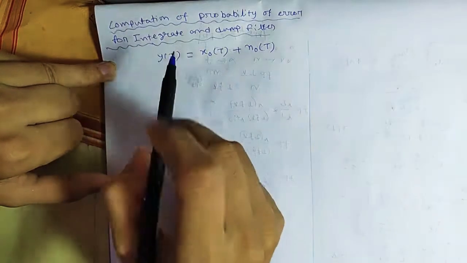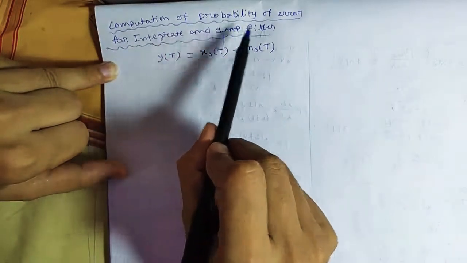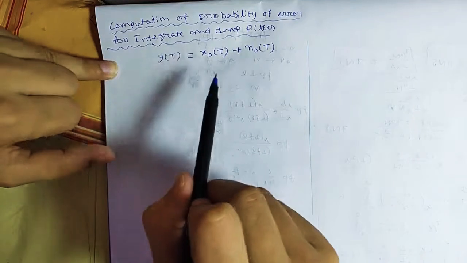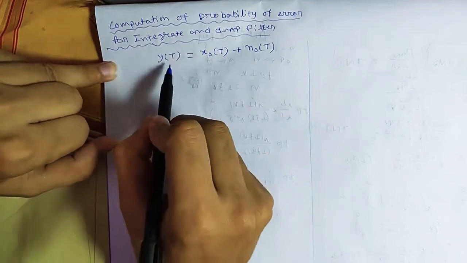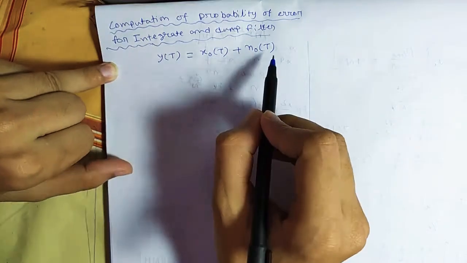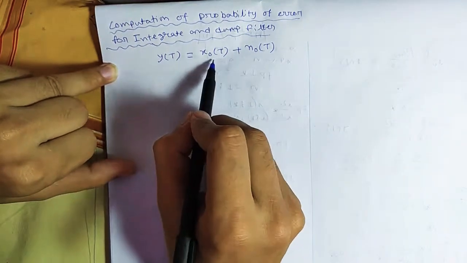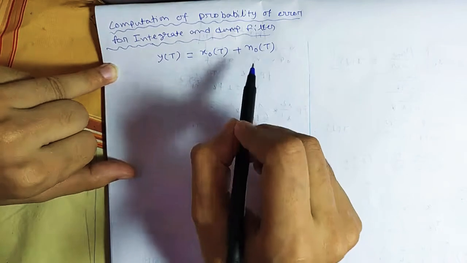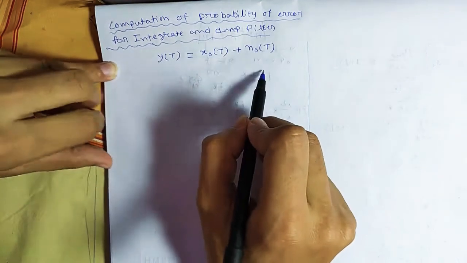Now we shall compute the probability of error for the integrate and dump filter. We know that the sample output is x0(t) plus n0(t), where x0(t) is due to the signal component and n0(t) is due to the noise component.